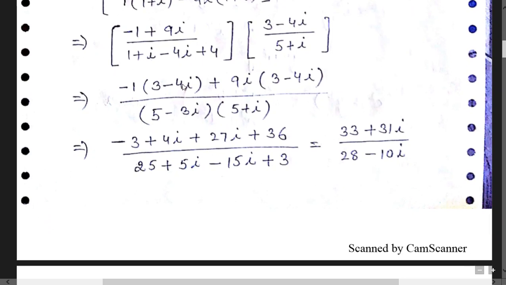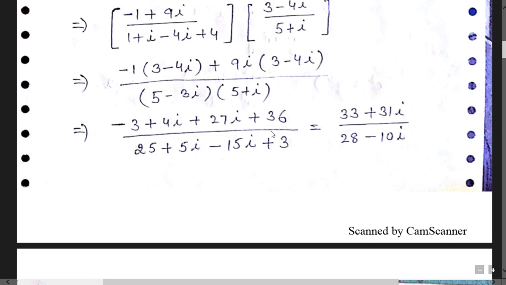It's minus 3 plus 4 iota, 27 iota, 9 into 4, 36, minus 36 iota square. That's why it is plus 36, because iota square is minus 1. Then 5 minus 3 iota and 5 plus iota. 5 multiply 5, 25. 5 into iota, 5 iota. 3 iota into 5, 15 iota.